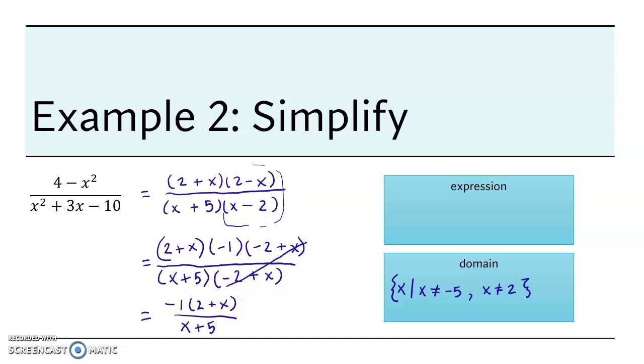And then we're going to simplify by multiplying that -1 through. So I have -2 minus x over x plus 5. And this expression is equivalent to our original expression as long as we are on the restricted domain.